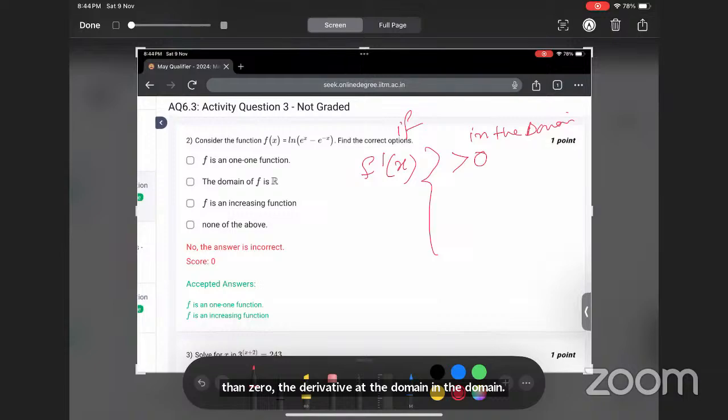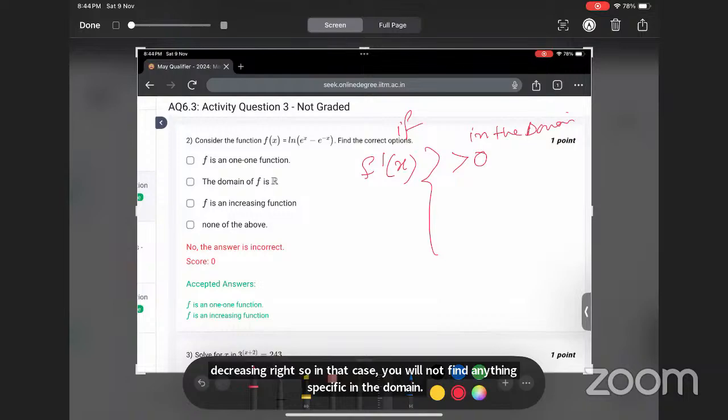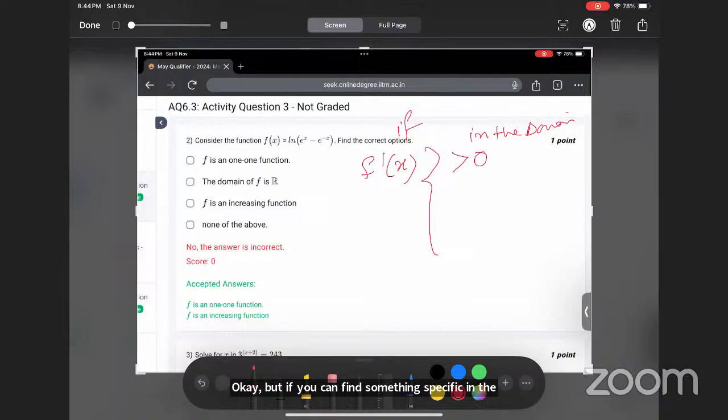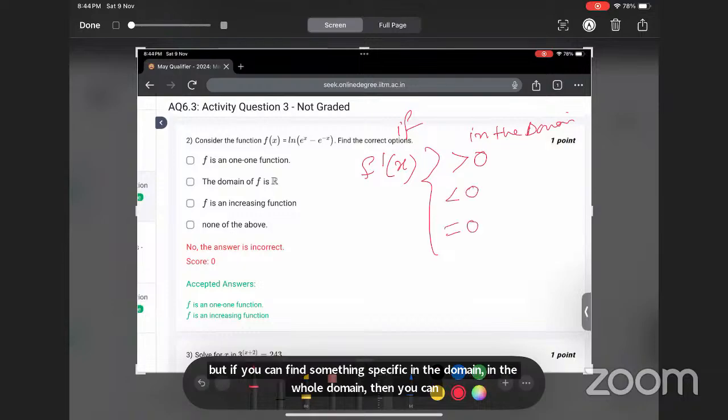There are also functions which are neither increasing nor decreasing, so in that case you will not find anything specific in the domain. But if you can find something specific in the whole domain, then you can conclude the function is increasing, decreasing or constant. These three are the possibilities.